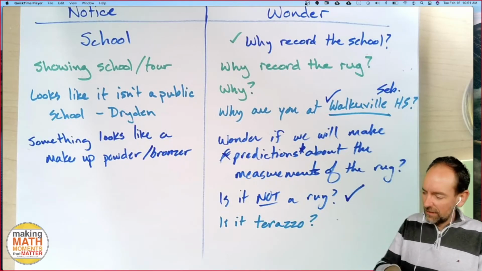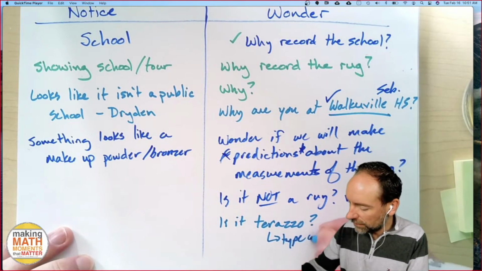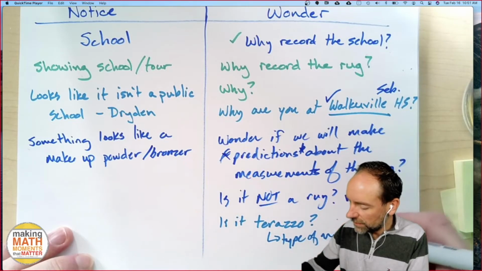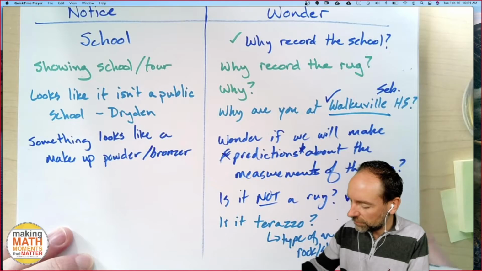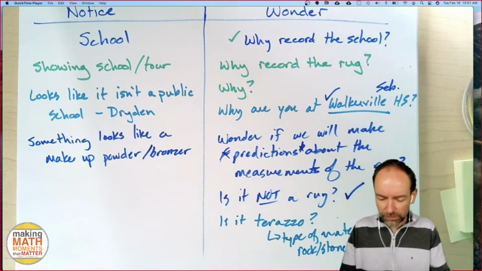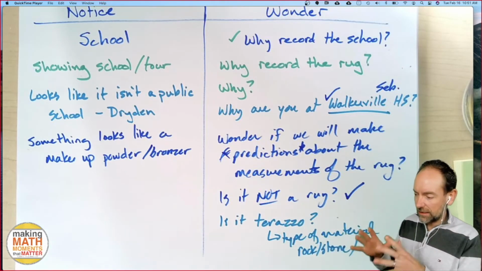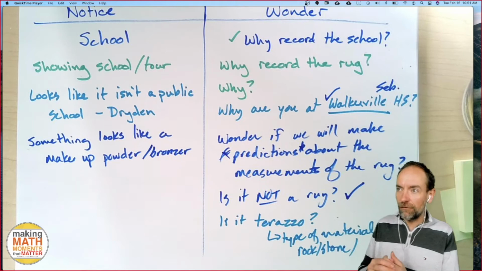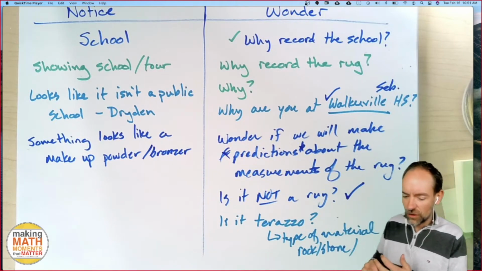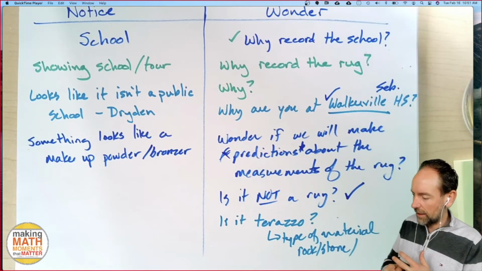So it's like a type of material, maybe a rock or stone, I'm not really sure, but that's something new I just learned. That has never come up in all my time using this particular visual. That's really cool. That's new for me to add to my little repertoire here.